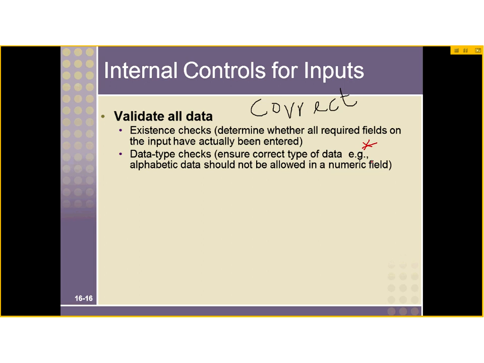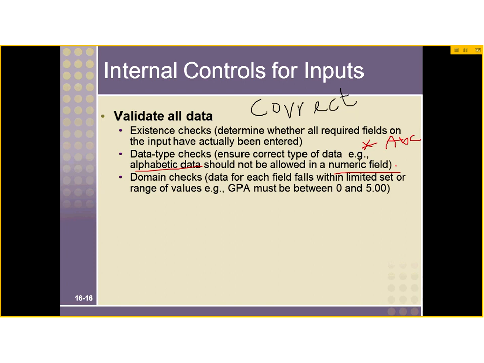An existence check will ensure that the required input has been entered, that the user did not miss it. Like in web forms, many times you will have seen an asterisk with a field. If you do not enter information in this field, you will not be allowed to move further. So you must enter the information for this field, and this makes sure that the inputs are complete.